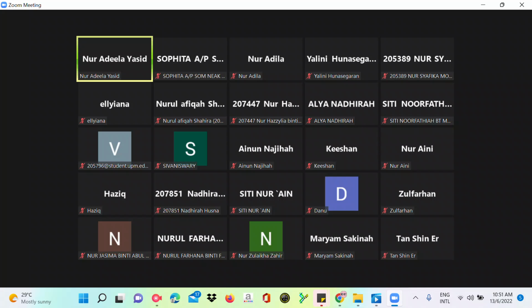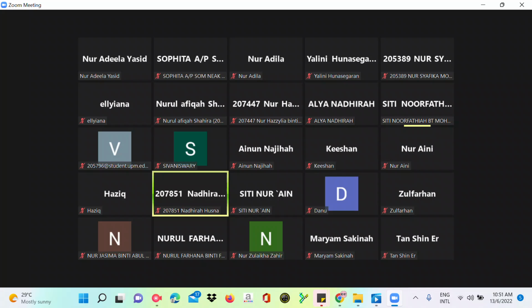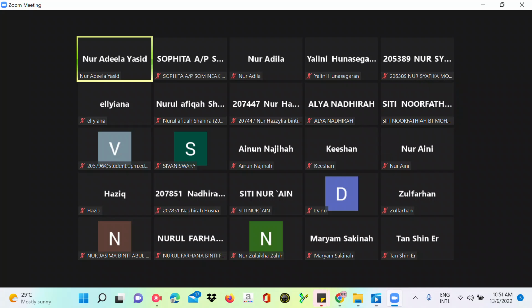Ada soalan? Doktor, doktor nak tanya pasal lab punya calculation. Okay, kenapa calculation? Macam group saya dia buat dilution kan. So tambah 10 ml air kan.